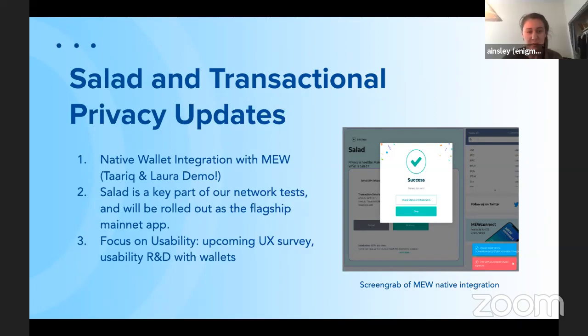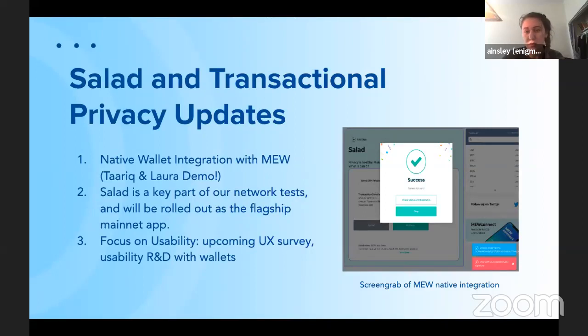Thanks, John. Some of the big updates that we have: the advantage of Salad over other solutions is its usability. And so we're leaning into that and trying to make sure that it has the easiest to access interface that we can enable. Part of that is going to be exploring native wallet integrations. We're currently doing that with 2 different wallets that are very popular.